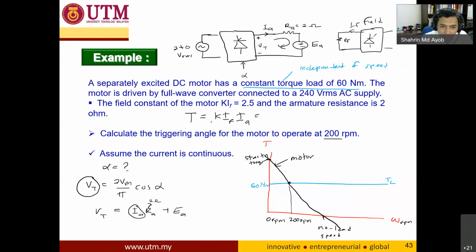This is your motor torque, sometimes also called torque developed by the motor. We should know that the torque of the motor equals the torque of the load. So your motor torque is also 60 Newton meter.